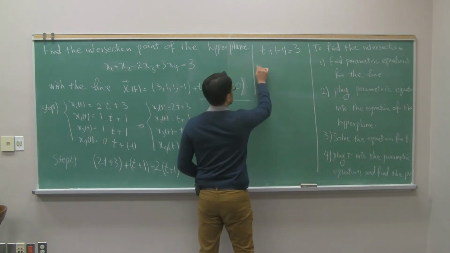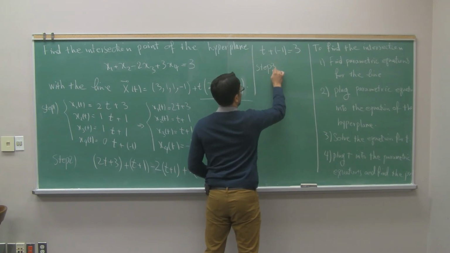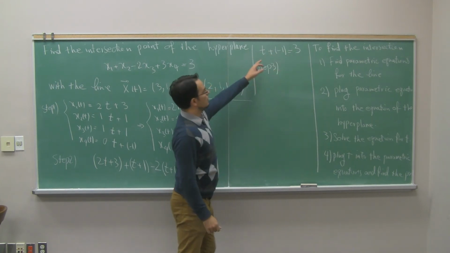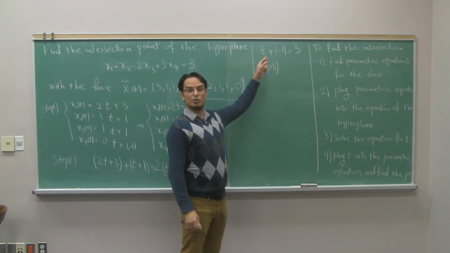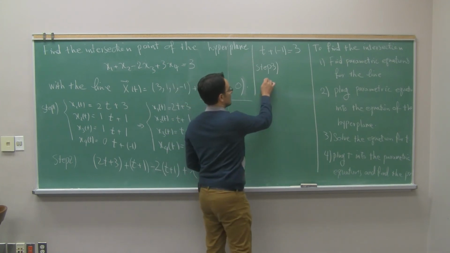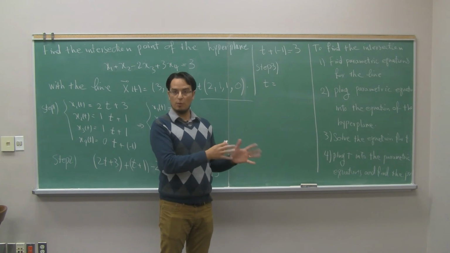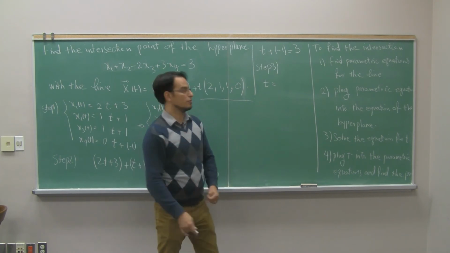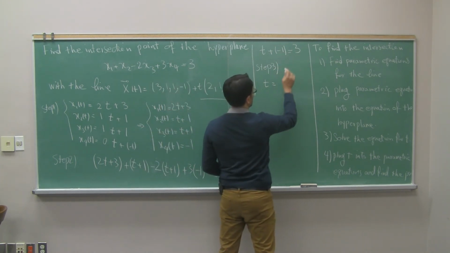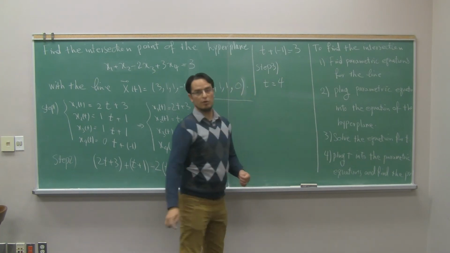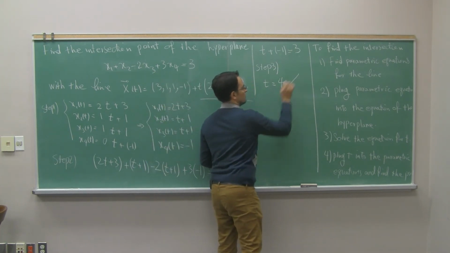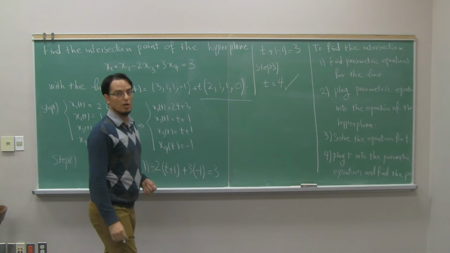Step 3 is solve this thing. So I have an equation in terms of t, solve that for t, meaning that keep all the variables one side, constants to the other side. So I'll take negative 1 to the other side, I'll get 4. That's the solution. That's t equal to 4.